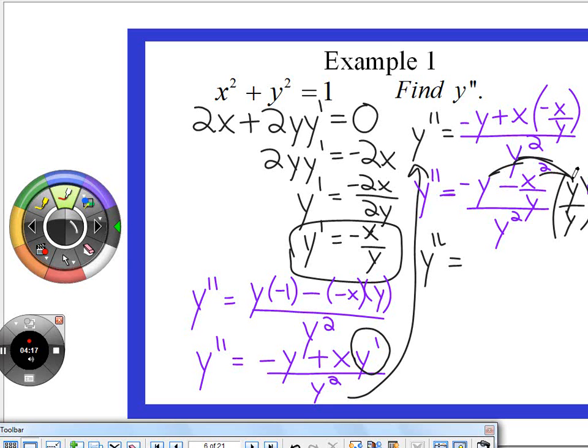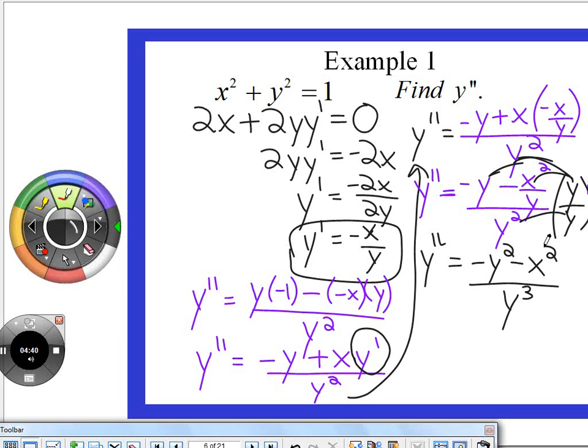So the bottom is going to be y cubed, and the top is going to be minus y squared, and then minus x squared. That gets rid of the fraction, which is the whole reason why we do it.